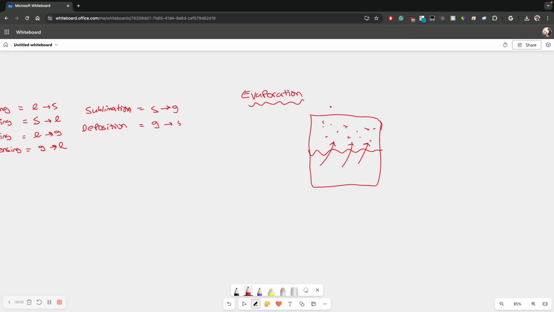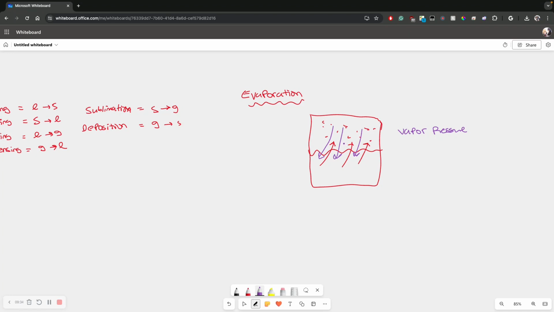And once that pressure reaches equilibrium, this pressure is called vapor pressure. And so when your vapor pressure is in equilibrium with the amount of evaporation occurring, then you're going to have equilibrium. And that's just saying that you're evaporating as much as you're unevaporating the liquid.